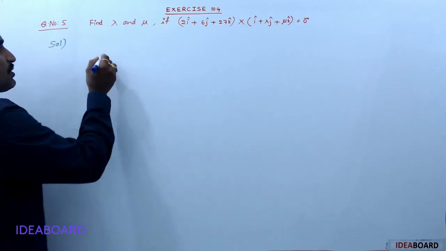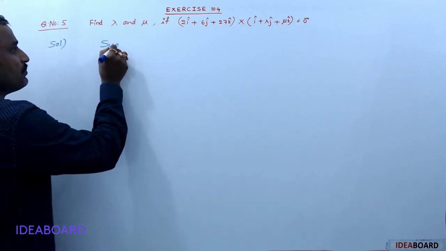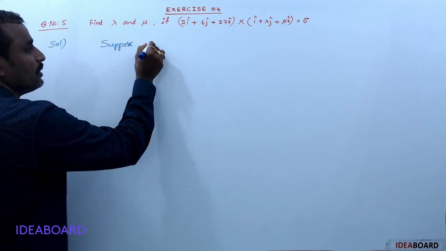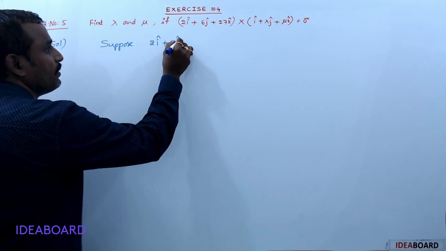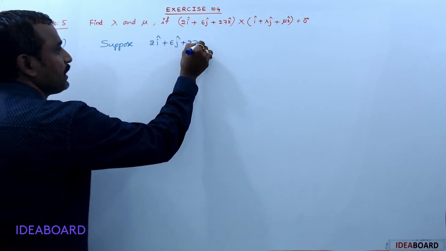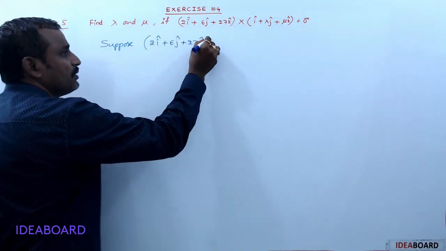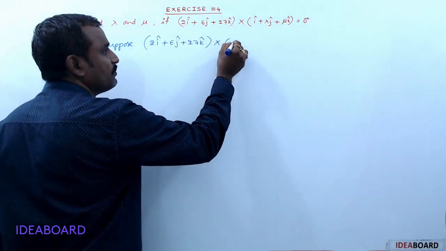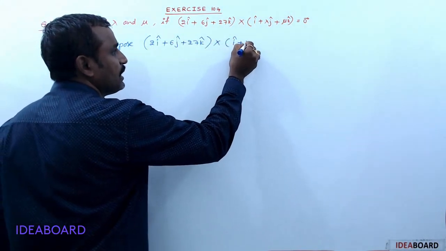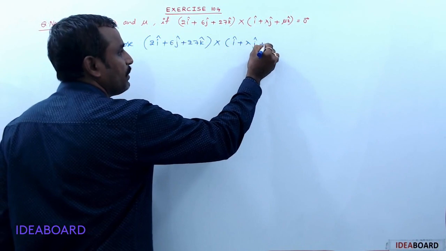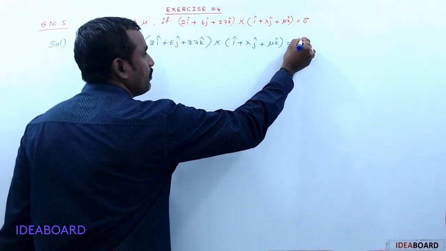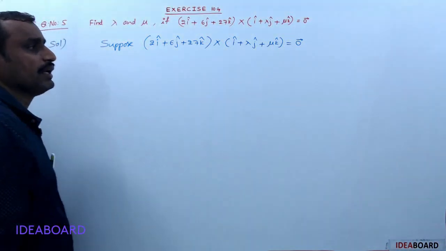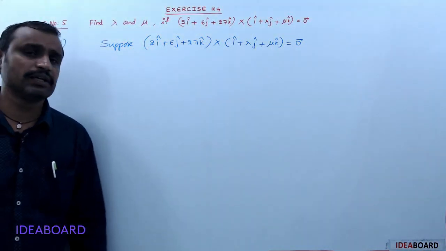Suppose (2i cap plus 6j cap plus 27k cap) cross product with (i cap plus lambda j cap plus mu k cap) is equal to the null vector 0 bar.